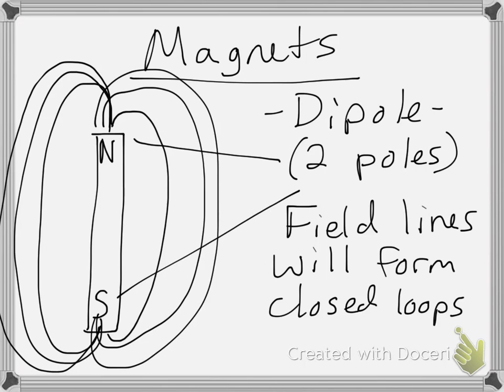So that's our first rule for magnetic field lines. They must form closed loops.